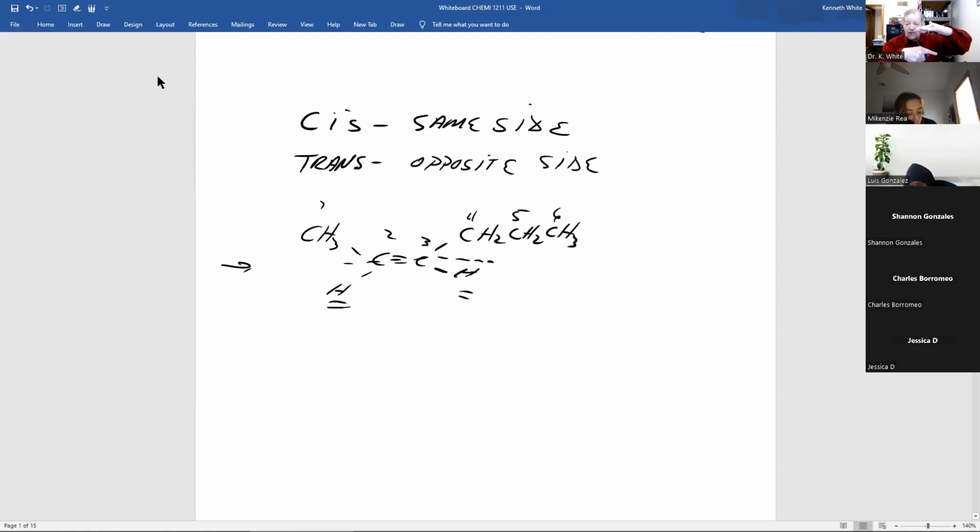Notice they're below the line, so that would be cis. Longest chain, 6 carbons, hexane. Drop the ane, double bond, hexene. The closest carbon to the end of the chain is 2, and then it's cis.